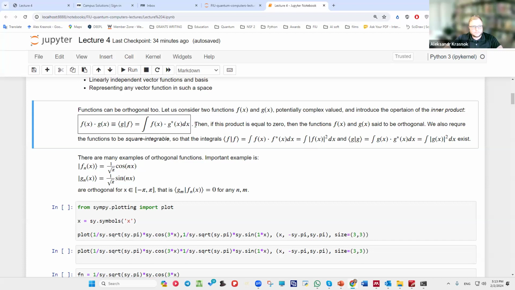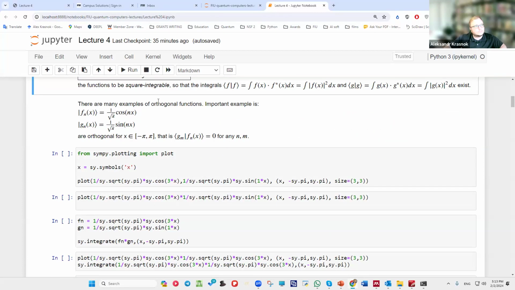If this inner product of two functions is equal to 0, the functions f and g are said to be orthogonal. So if the integral of their product is 0, the functions are orthogonal.